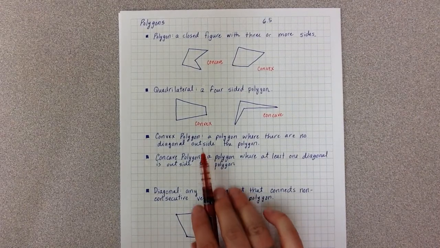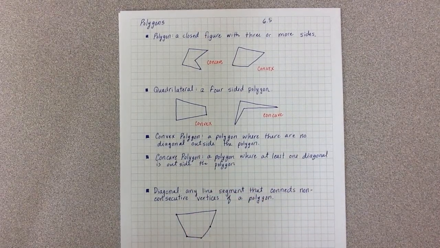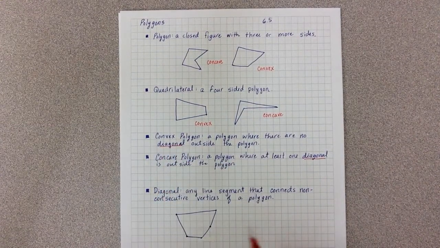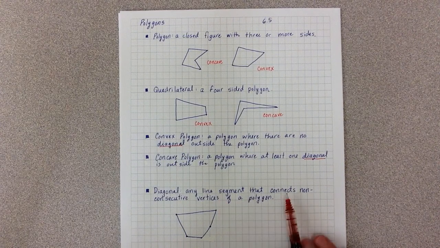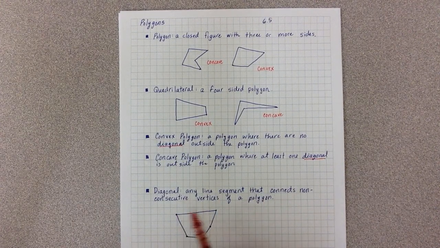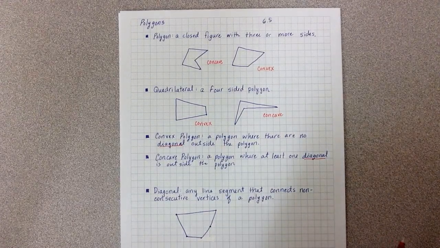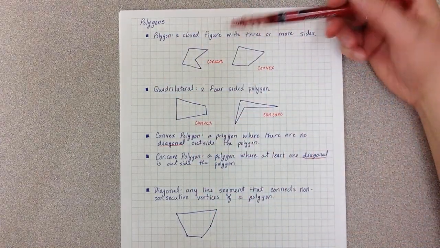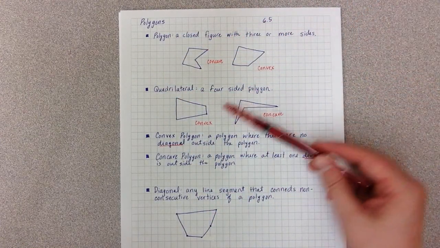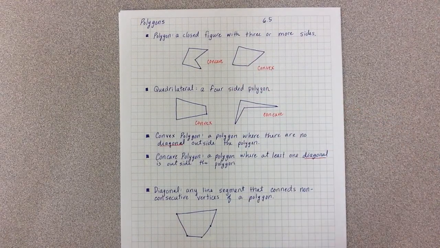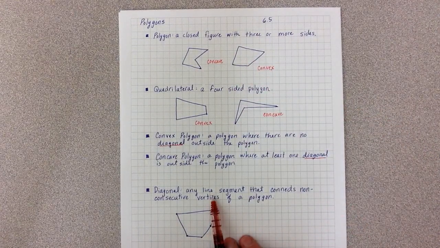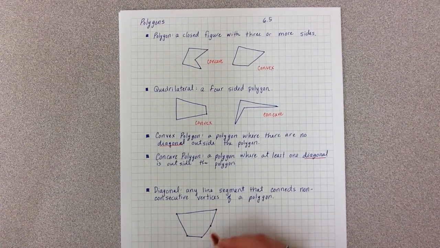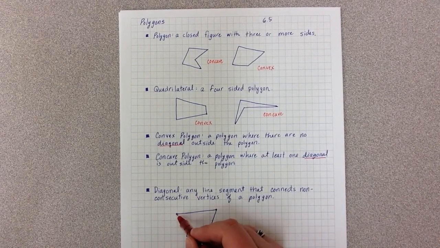Now there's a word in both of these definitions of convex and concave that we need to talk about, which is this idea of diagonal. A diagonal is any line segment that connects non-consecutive vertices of a polygon. We'll look at this example here and then come back up to see why these 2 polygons are concave and these 2 are convex. So the diagonals are line segments that connect vertices. We have a vertex here, here, here, here, and here.